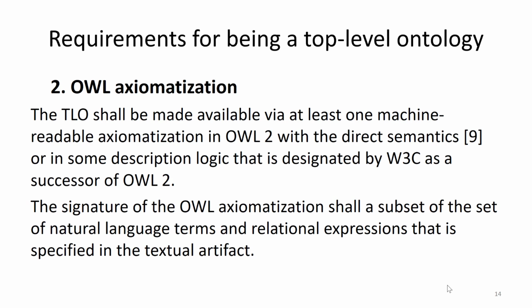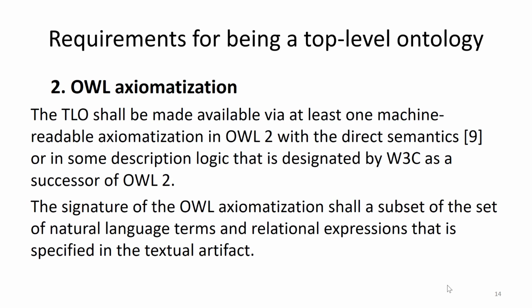Now, it's a requirement in part 1 that there should be provided an OWL axiomatization. It's a requirement that it should be in OWL 2 with the direct semantics, as long as that is the recommended syntax for W3C, but W3C may say, no, you should use OWL 3, and then the standard would still apply.